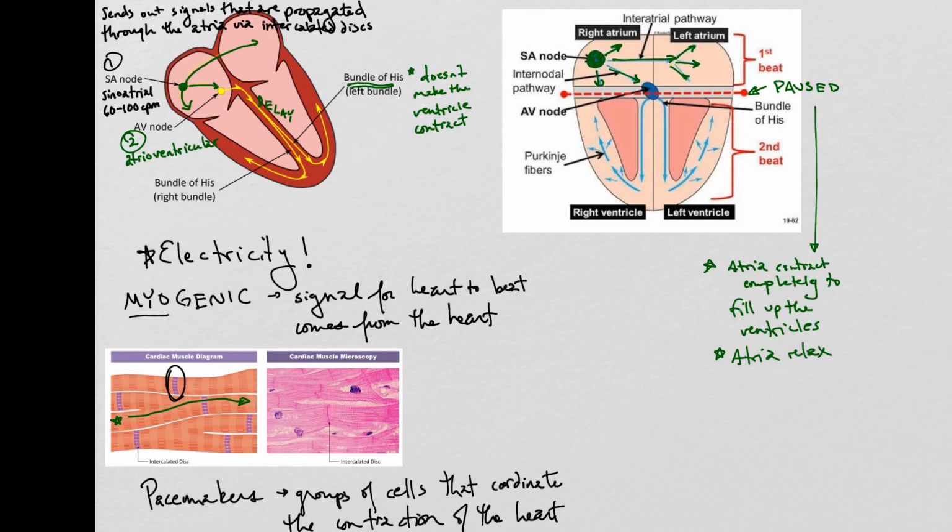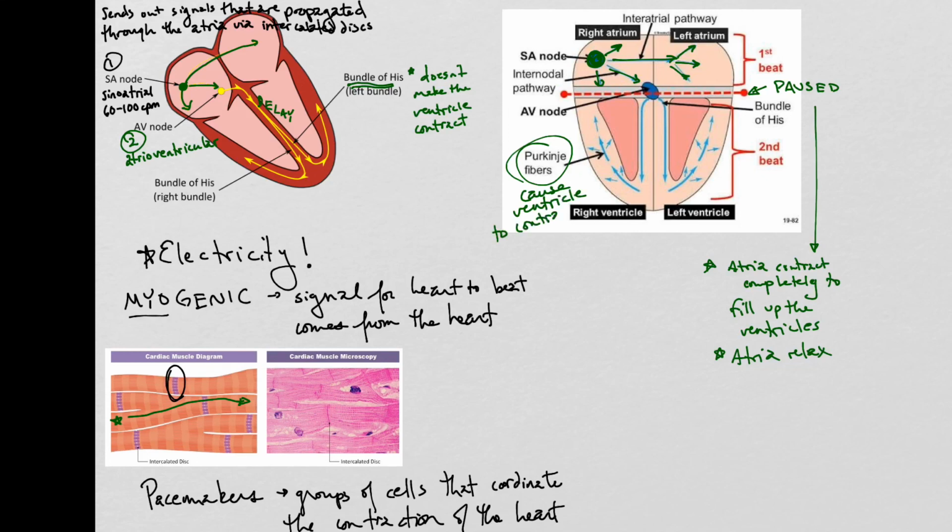And then the nerve fibers that branch off of the bundle of His are called the Purkinje fibers. And these Purkinje fibers are going to carry the signals that cause the ventricle to contract.